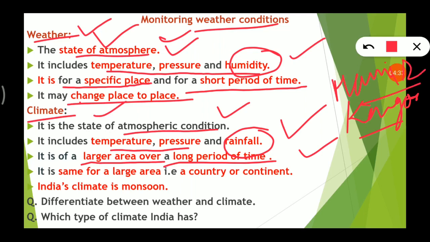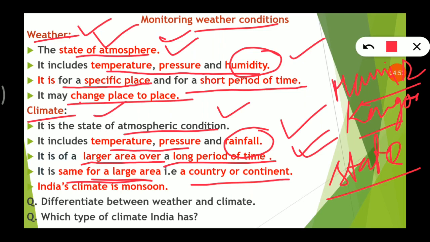And climate is the same for a larger area, for example, a country, a continent, a state. This is the climate of a country, a state, a continent, means a larger area, right? As an example, India's climate is monsoonal climate. So here India's climate is monsoonal, not monsoon, monsoonal.